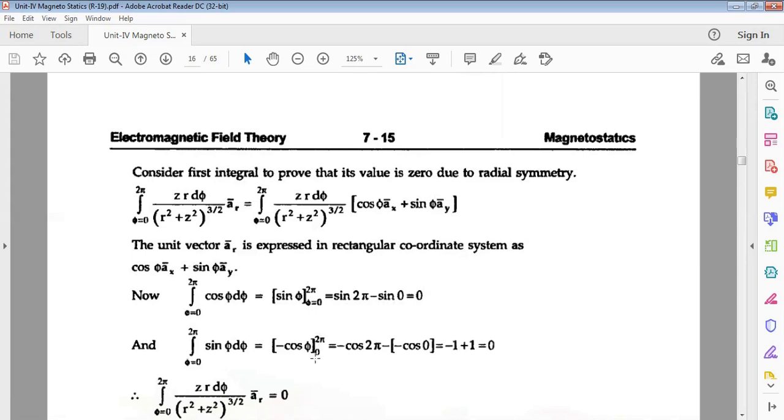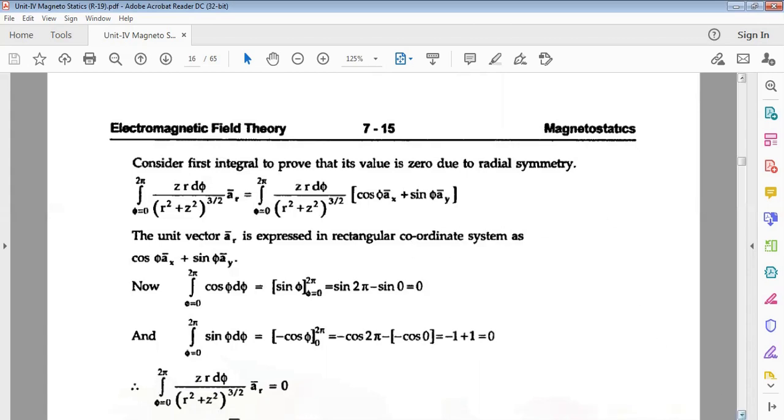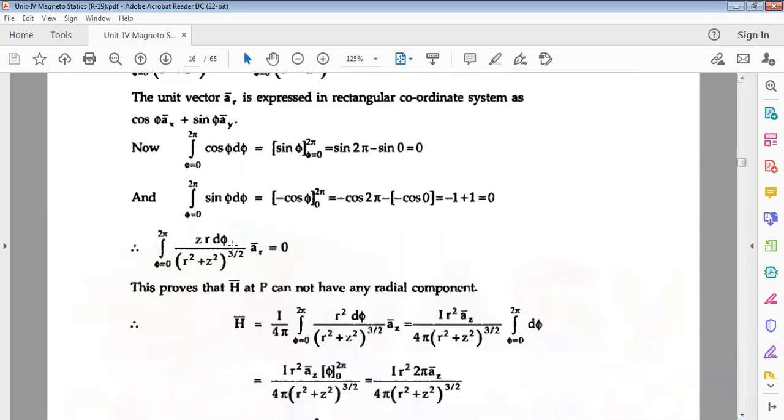By substituting 2 pi and 0, the value of cos 2 pi is 1 and cos 0 is 1, so the result is 0. Okay. Similarly in the electric field intensity due to the circular ring, AR bar is eliminated, and due to the symmetry, the AR bar component is 0.